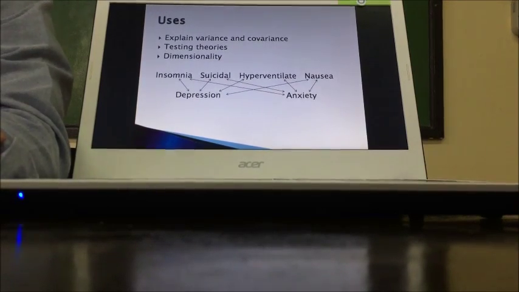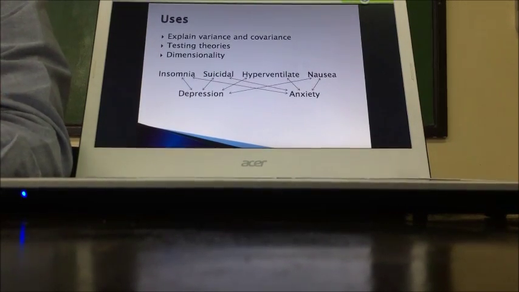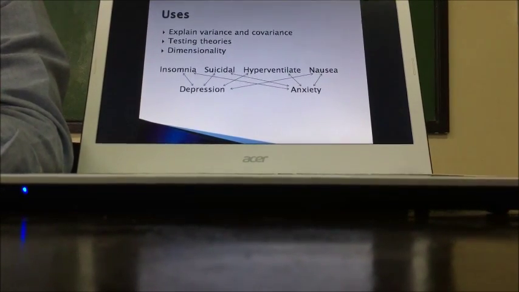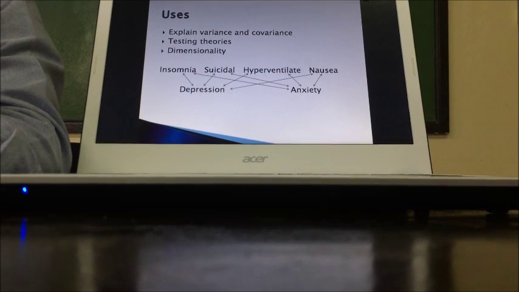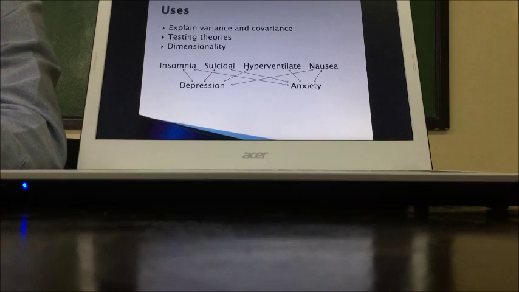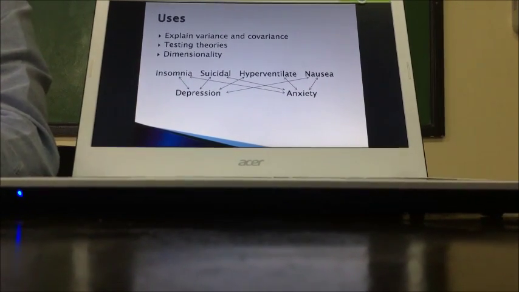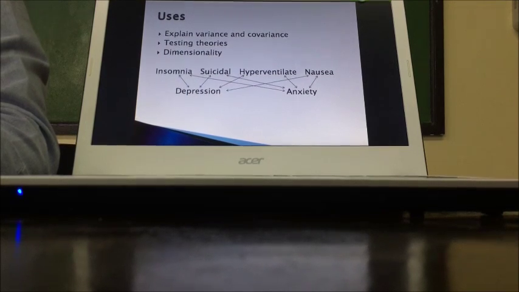Depression and anxiety can have an effect when a person is undergoing insomnia, suicidal thoughts, hyperventilation, or nausea.